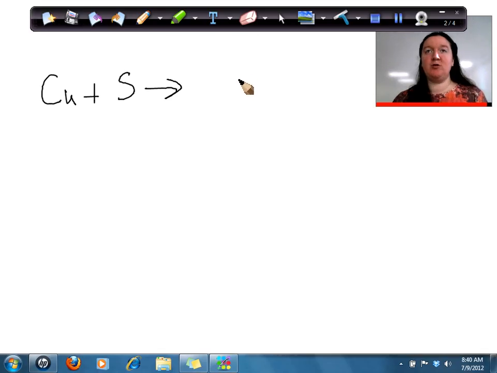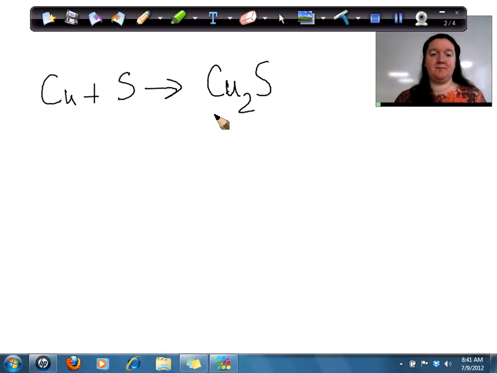So if I have copper 1 sulfide, that means I have to have 2 copper to balance out my 1 sulfur. Because this sulfur has a -2 charge, and they tell me that I want copper 1 sulfide, so I have to have 2 of the copper.